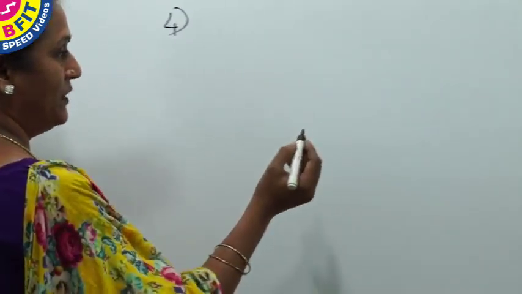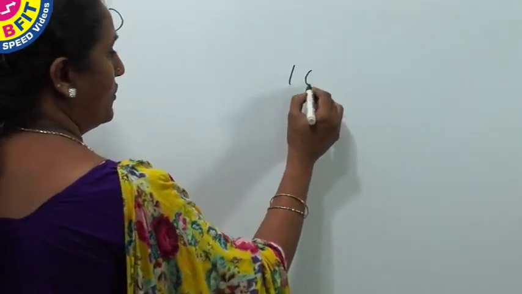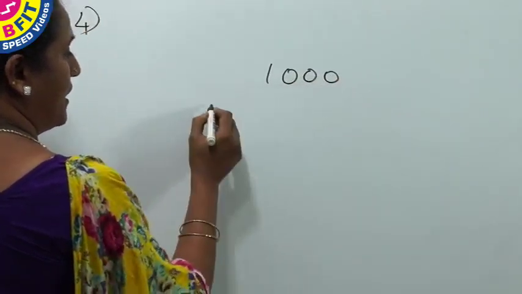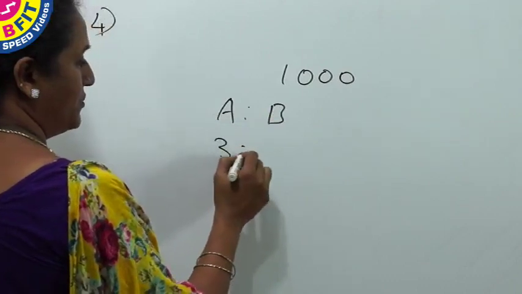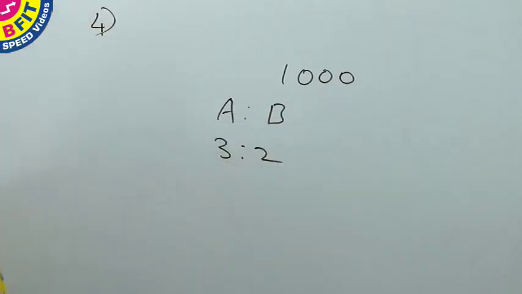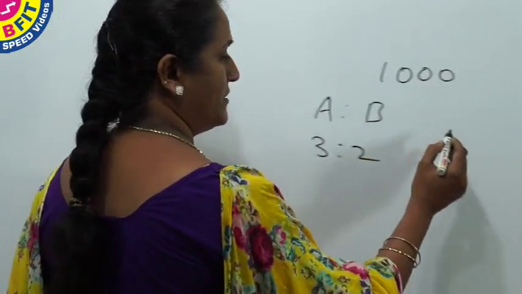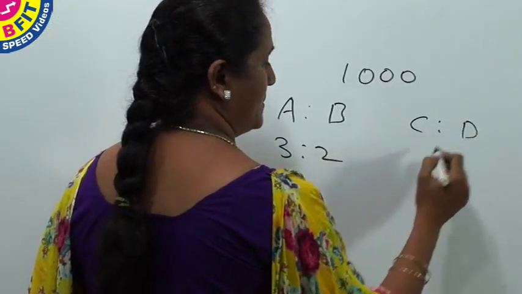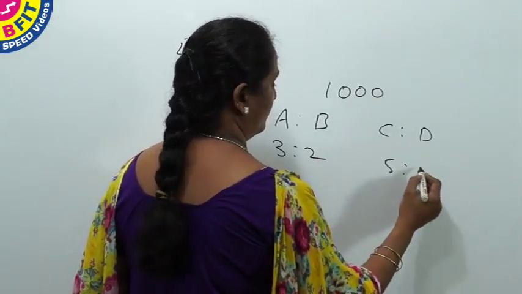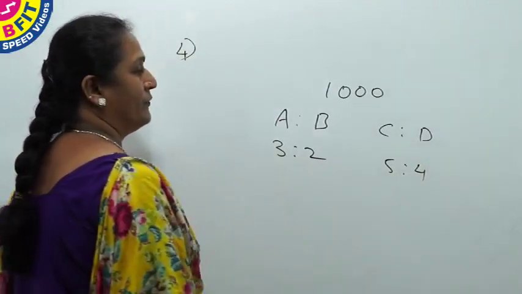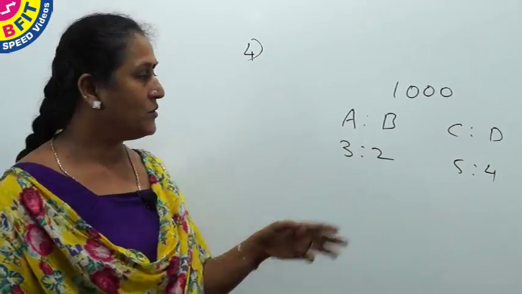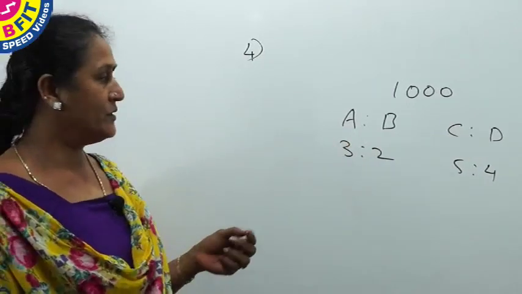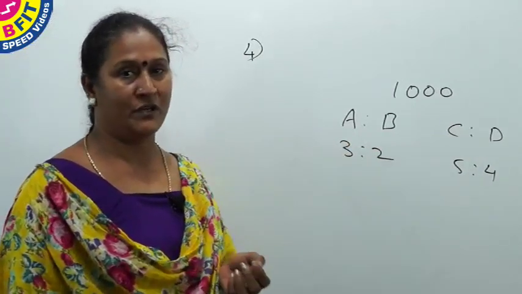Say for example, if there is an amount of 1,000 and A and B share it in the ratio 3:2 and another 2 persons, C and D, share in the ratio 5:4. Now the A share or C share cannot be found because there is no link between these two ratios.